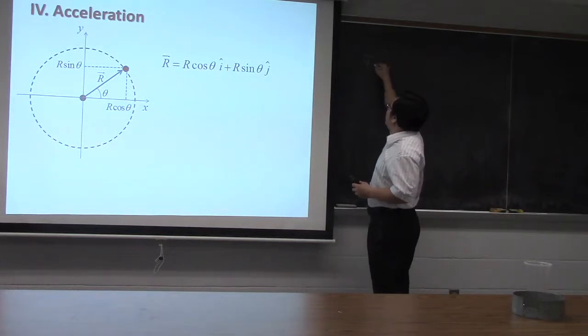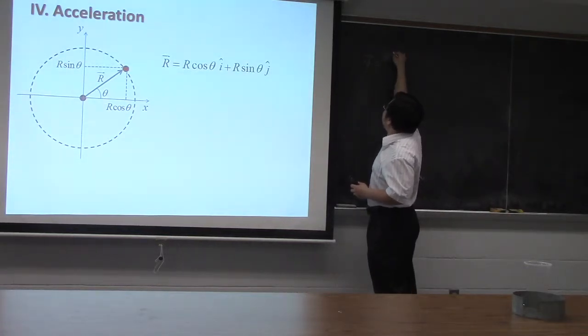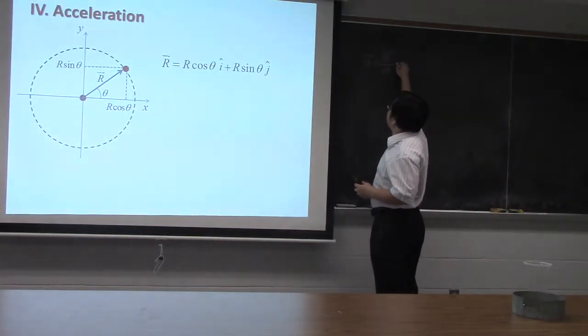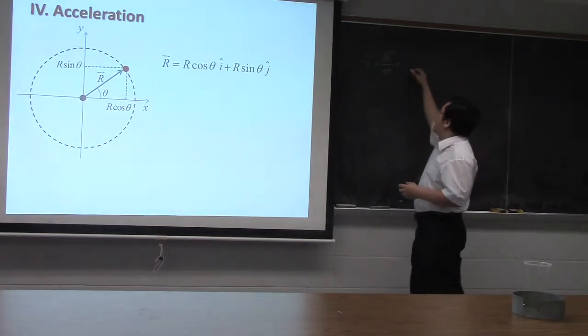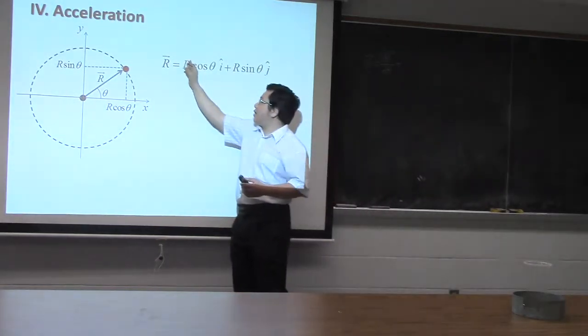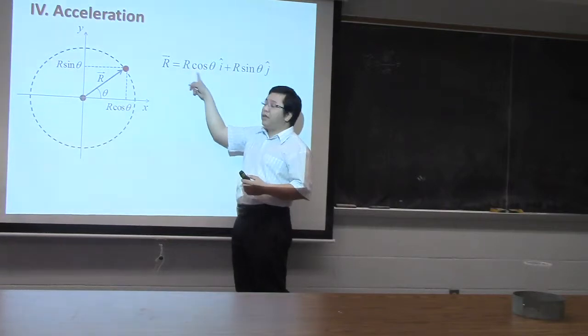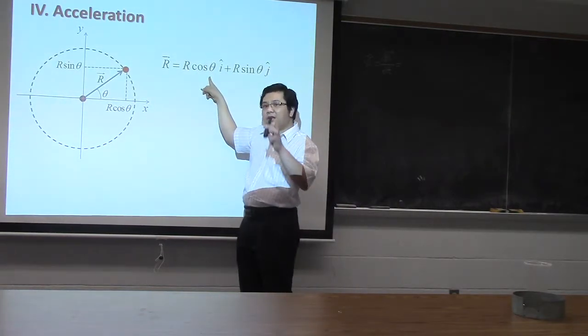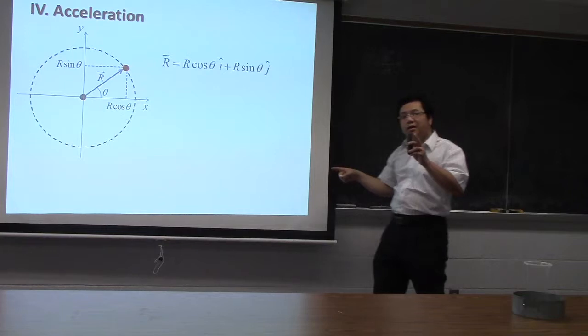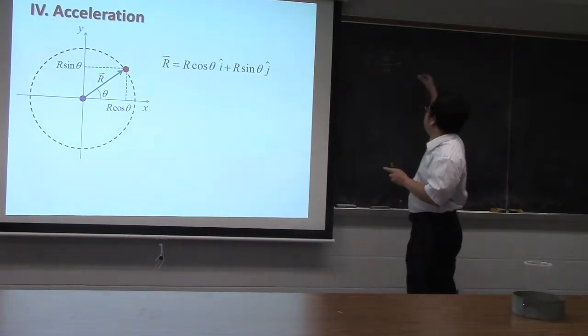Velocity is equal to time derivative of radius. And that is equal to r is constant, time derivative of cosine theta is minus sine theta d theta over dt, because theta is also a function of t.